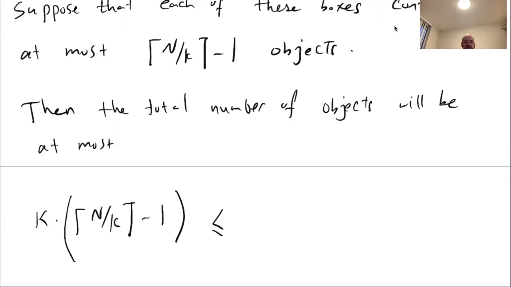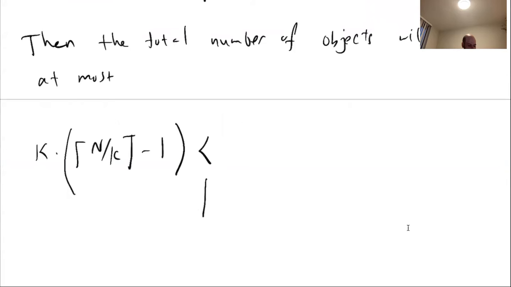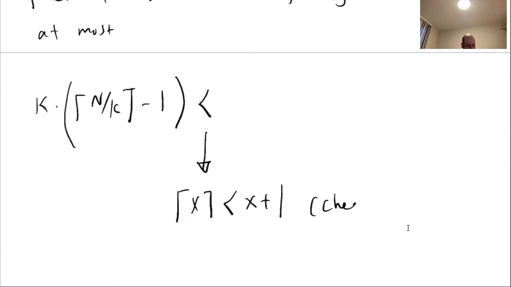Now, what can I say about ceiling x? I can say it is always less than x plus 1. We can prove this using the definition of ceiling of a number, which we did in the previous chapters.